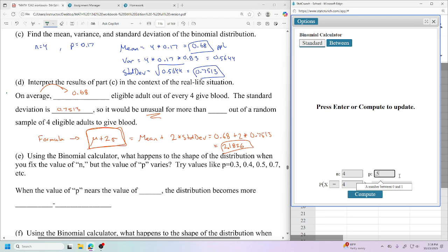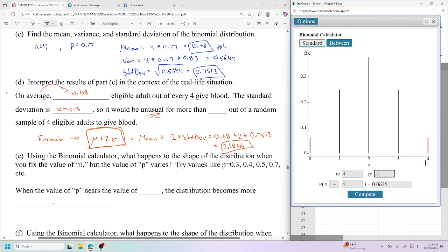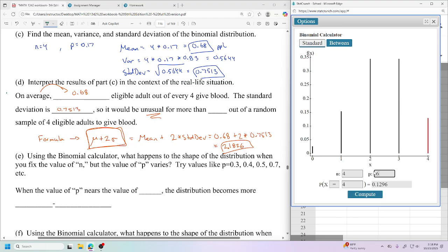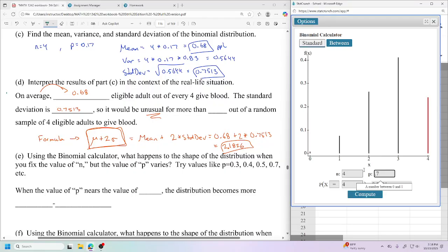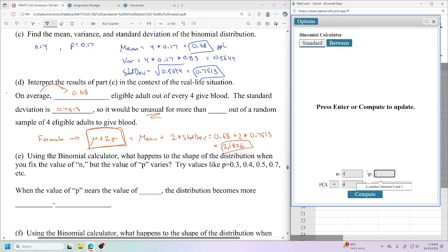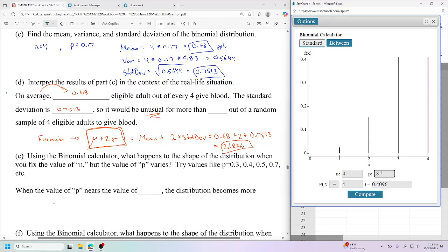Let's do a 0.5. You see the 0.5 already? What is this looking like now? Yeah, it's a bell curve. Exactly. 0.6, 0.7. Exactly. It keeps shifting over until it's now skewed left, right? Left. Correct.